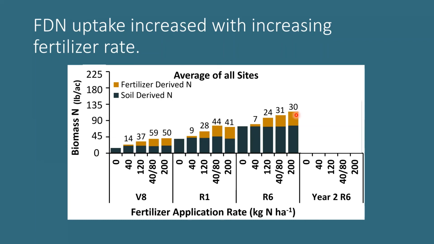And then as that corn crop develops and grows and its roots expand and explore the soil profile, and then as the soil is mineralizing more nitrogen, it's really the soil that is becoming the predominant source of nitrogen. And by R6, less than 31% of the total nitrogen taken up by the crop is coming from that fertilizer, and the rest of it's coming from the soil.